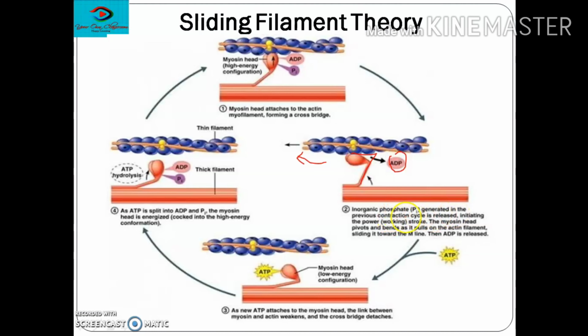The inorganic phosphate generated in the previous contraction cycle is released, initiating the power working stroke. The myosin head pivots and bends as it pulls on the actin filament, sliding it towards the M line. Then ADP is released. Once ADP is released, ATP comes, and ATP is important for relaxation. So when ATP comes, the myosin head detaches from the actin, and when contraction needs to start again, ATP splits into ADP plus Pi, the myosin head is energized and cocked into the higher energy conformation.